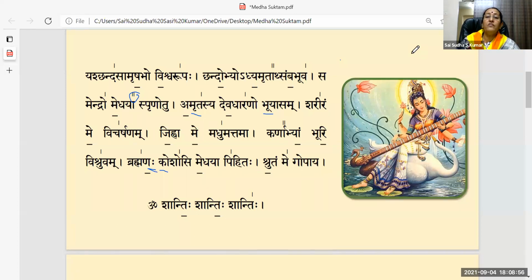So whenever we are asking for immortality, it is not at a personal level. Whenever we are chanting any suktam for that matter, we have to always remember that whatever we are asking, it is not for our personal benefit.